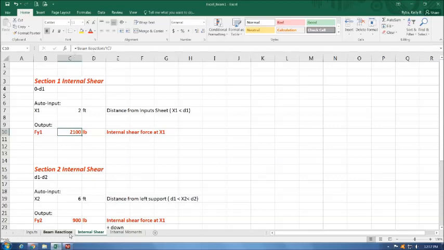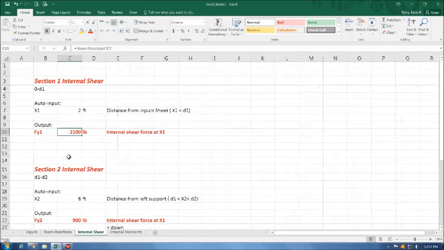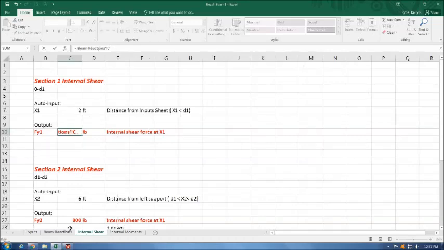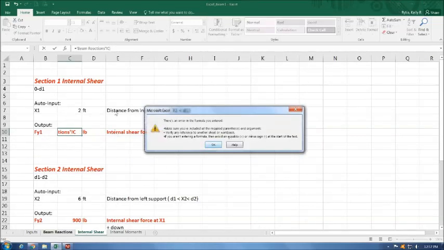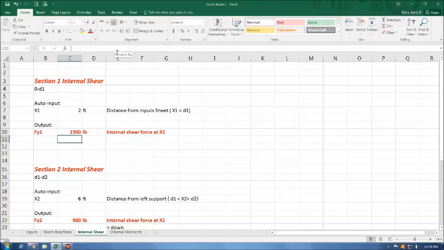Oh, I must have, hold on, you're right. Let's move that. It's supposed to be C6, right? Hold on, oops, cancel. I don't want to do that. Sorry. There we go, C6.